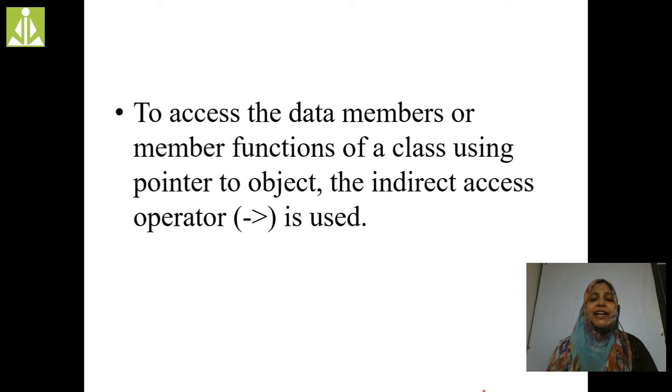To access the data members or member functions of the class using a pointer to object, the indirect access operator is used. This arrow is the indirect access operator. By using it we can access the data members and member functions of its class.